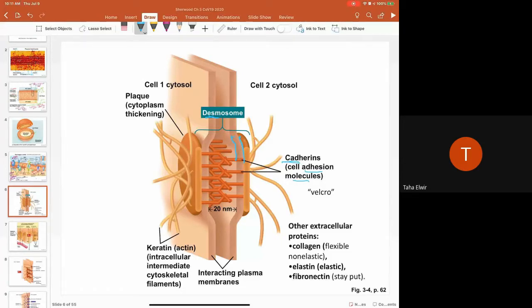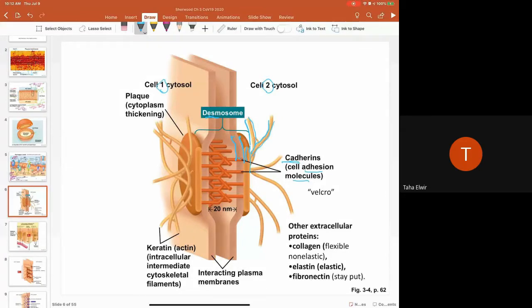They go into the plasma membrane and then they attach to an intracellular protein and some cytoskeletal proteins. And the extracellular part interacts with the neighboring cells. So we have cell 1, we have cell 2, and these cadherin molecules attach to each other in the intercellular space.